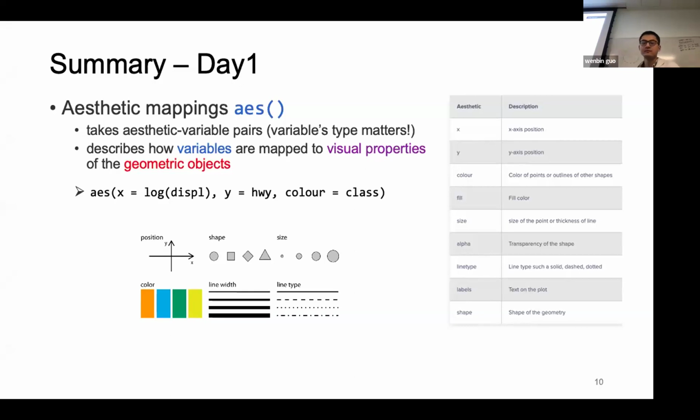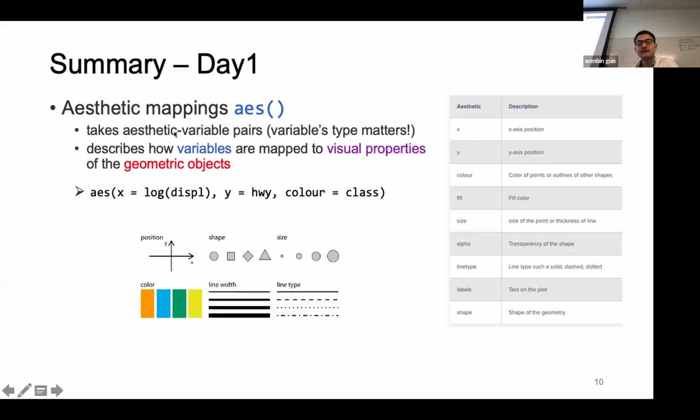So you need to make sure the mapping you specified is appropriate. For example, if it's a shape, which is a discrete aesthetic, then you need to make sure the input variable is discretized, or a categorical variable as well.